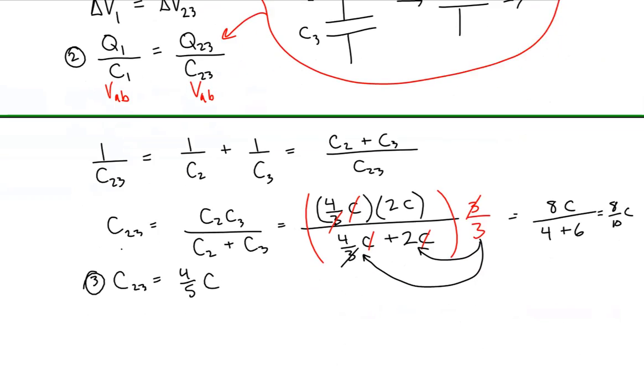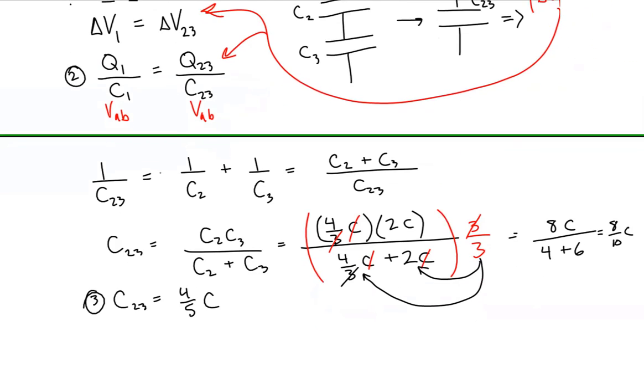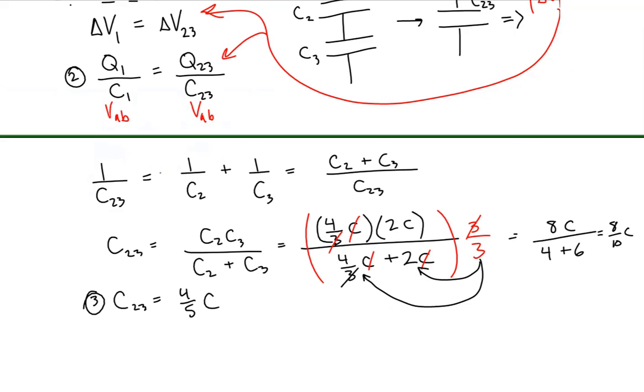You're welcome. Okay, so let's solve for the equivalent charge on 2, 3 in terms of Q1. So I'm going to take equation 2, and I'm going to solve for Q23 in terms of Q1.